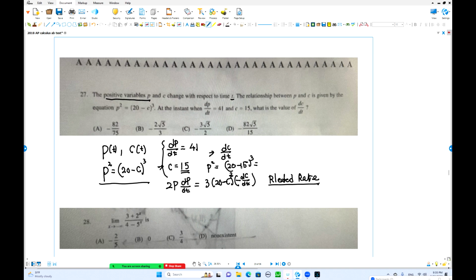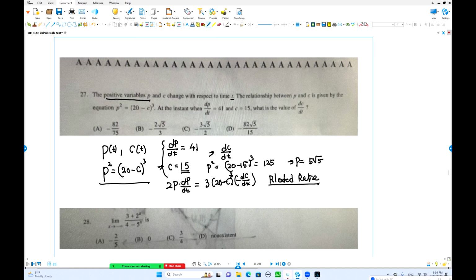How much is this? 20 minus 5, 125, right? From here, P is positive, the square root of 125, which is 5 root 5. So when C is 15, P is 5 root 5.